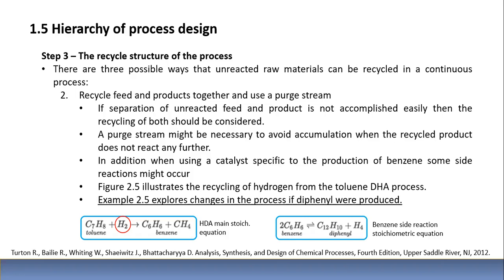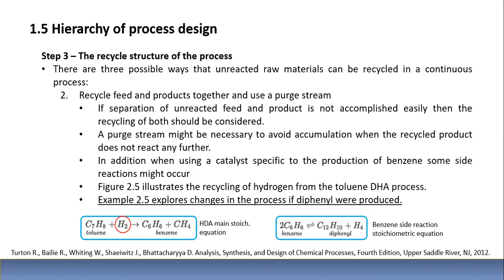La segunda opción es recircule, dice feed and products together, recircule la alimentación y los productos juntos y utilice una línea de purga, purge stream. If separation of unreacted feed and product is not accomplished easily, si no hay la opción de separar y obtener un reactivo puro, ¿no?